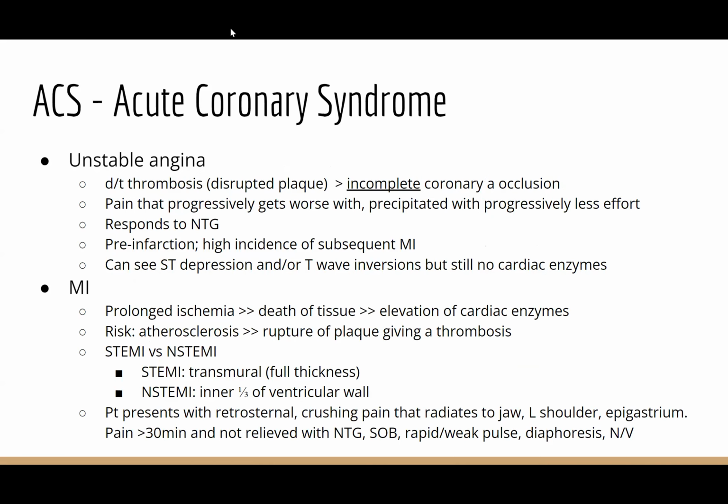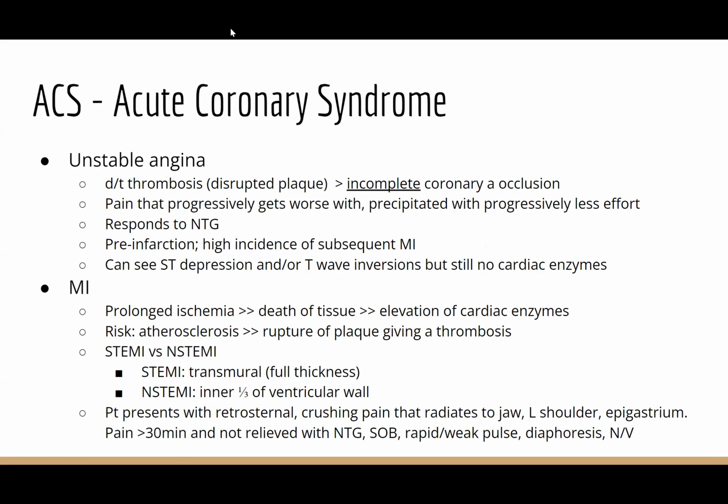Now, acute coronary syndrome, this is where you get into the bad territory. And unstable angina, this is due to atherosclerosis, but this is a disrupted plaque. So this is an unstable plaque that has ruptured, and you now throw a thrombus. So now unstable angina is an incomplete coronary artery occlusion. You're not getting the complete occlusion, but you are getting some.